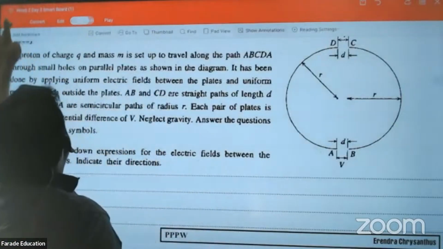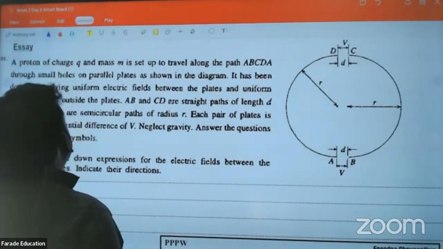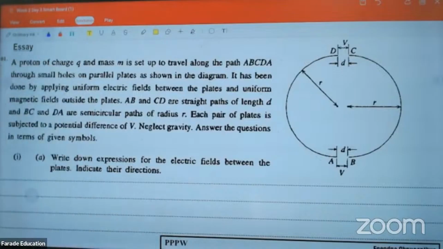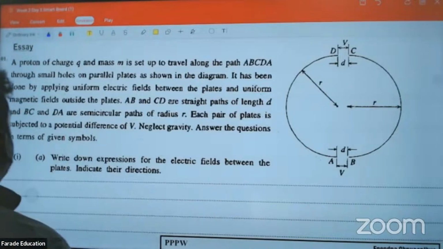So here the charge is passing through. It has been done by applying a uniform electric field between the plates and a uniform magnetic field outside the plates. AB and CD are straight paths of length D. BC and DA are semicircular paths of radius R. Each pair of plates is subjected to a potential difference V. Neglect gravity. Answer the following questions.